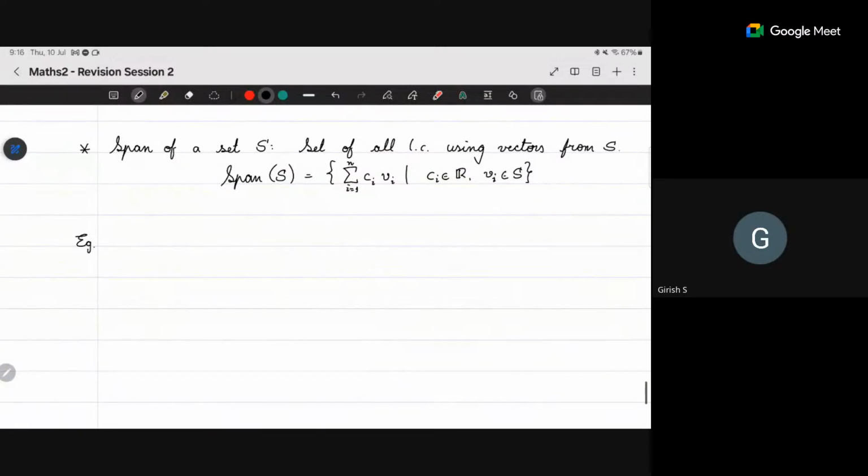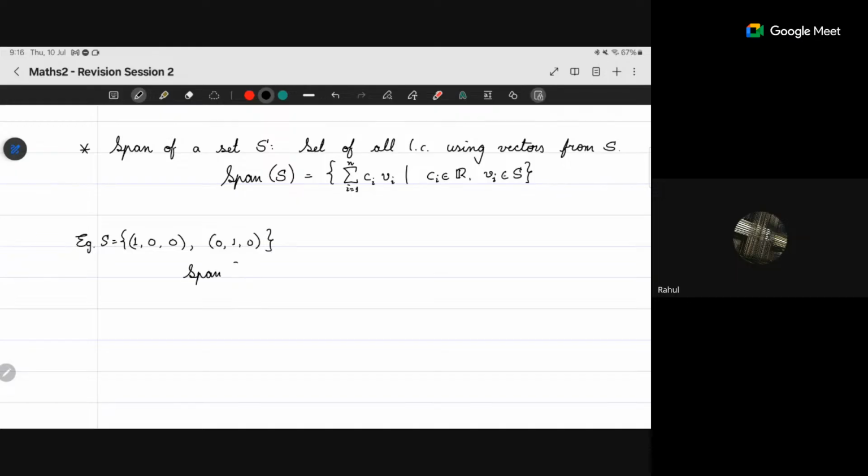Two vectors that span the xy plane in R3: 1 0 0 and 0 1 0. Okay, so this is your S. What is now the span of S?